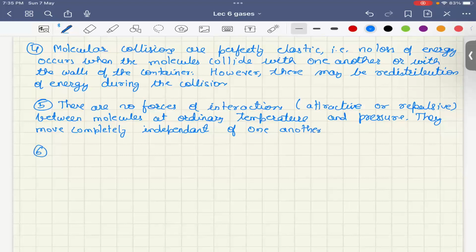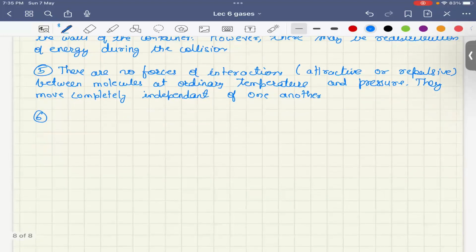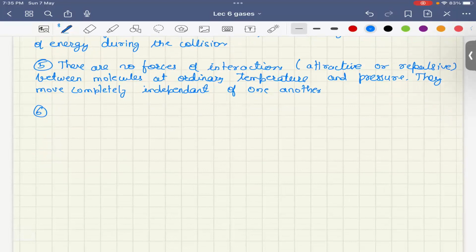Next, the pressure exerted by the gas is due to the collision of its molecules on the walls of the container per unit area.